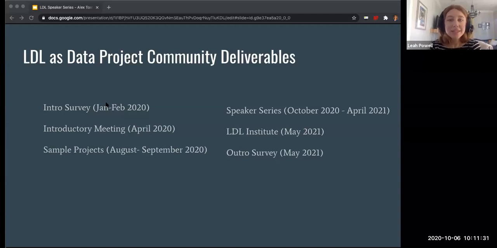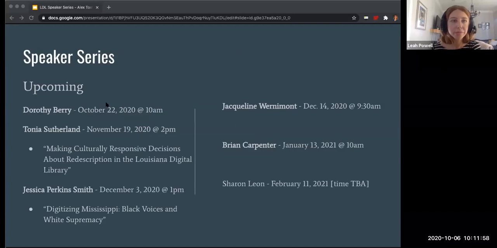And depending on the state of the world in summer 2021, we hope to host an in-person LDL Institute where we could get together and really concretize this dialogue in the same place. But we'll see if that is actually possible come May. And we'll wrap up the project with an outro survey. And of course, we will continue the community and dialogue that we've built throughout this year.